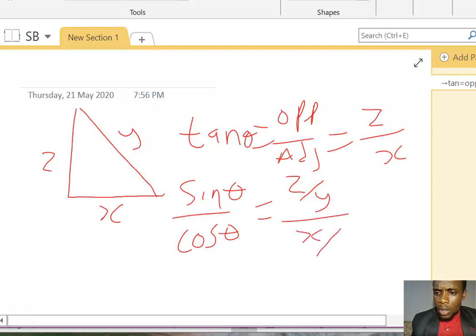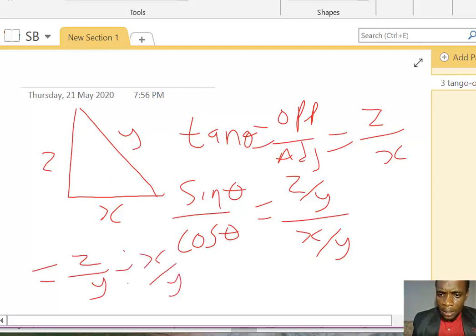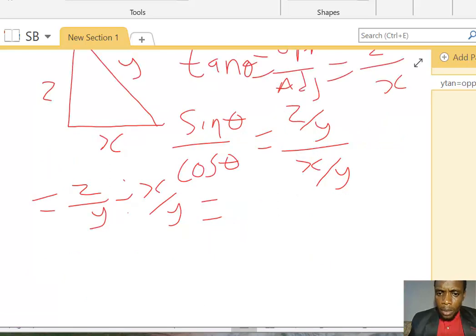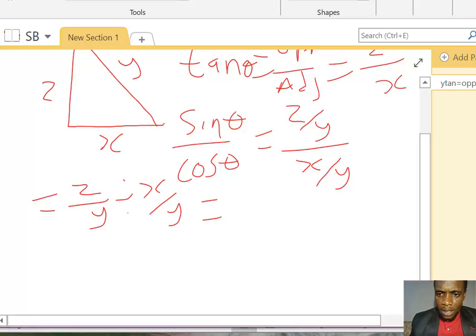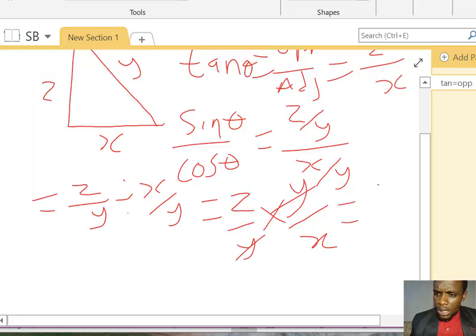Adjacent is X over hypotenuse, Y. So this is Z over Y divided by X over Y. If you use our primary school method, we change this division to multiplication. So we'll be having Z over Y times Y over X. So Y can cancel Y.